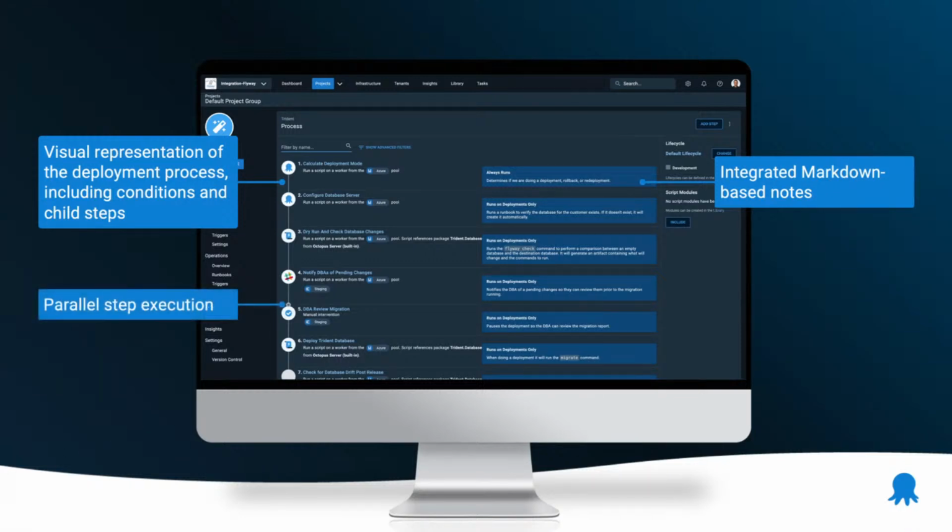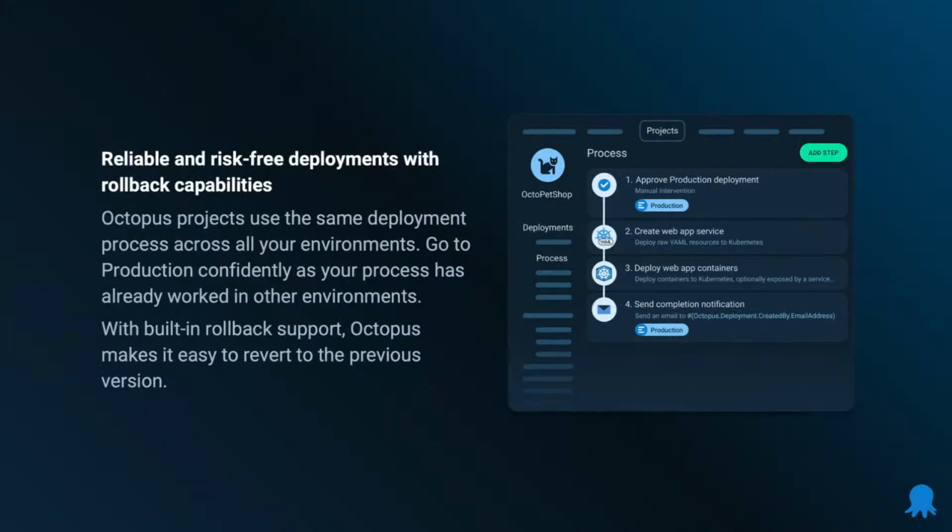In addition to that, we also have the ability to do parallel step execution. You can also have certain steps target environments. So if you want this step to only run in staging, for example, you can certainly do that. There's lots of things there. Also, one of the reasons why you use a facility like Octopus is because it obviously gives you reliable and risk-free deployments. So you want to roll back?